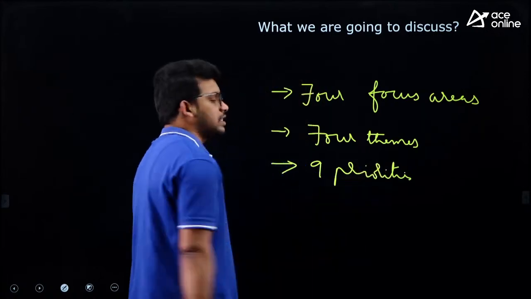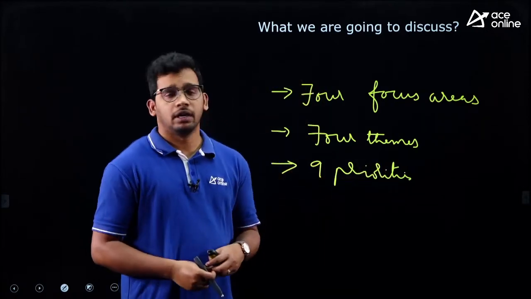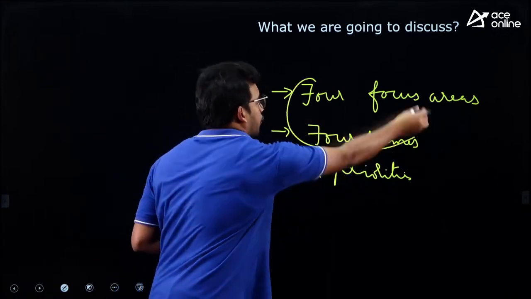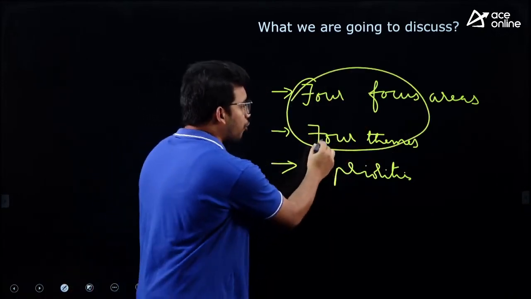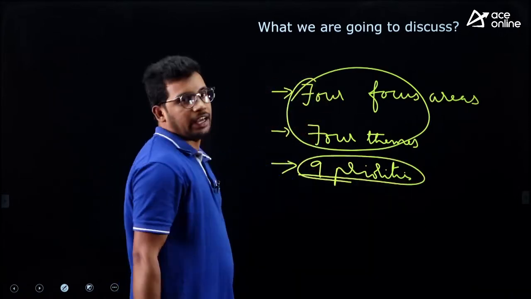The government, through Sitharaman, discussed this in a very detailed manner yesterday. The government is going to achieve these 4 focus areas and 4 themes through the 9 priority areas.